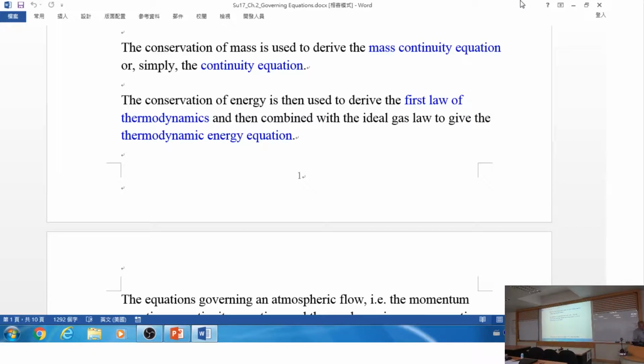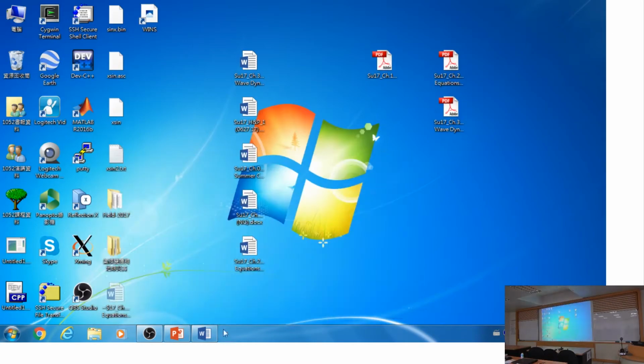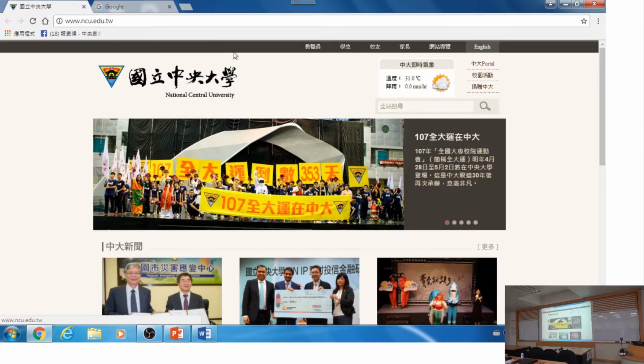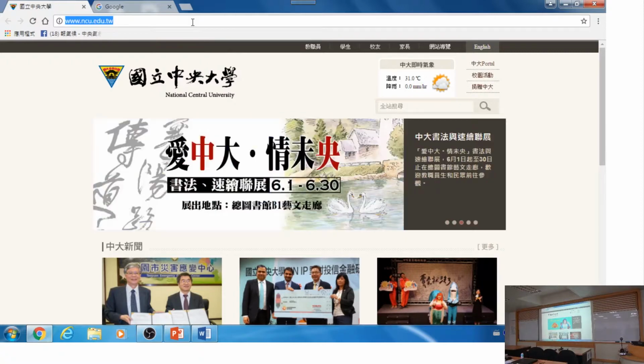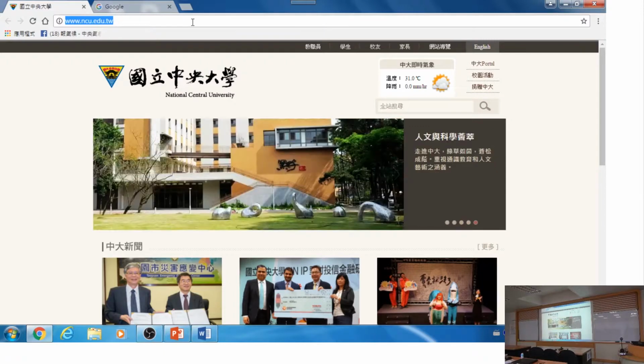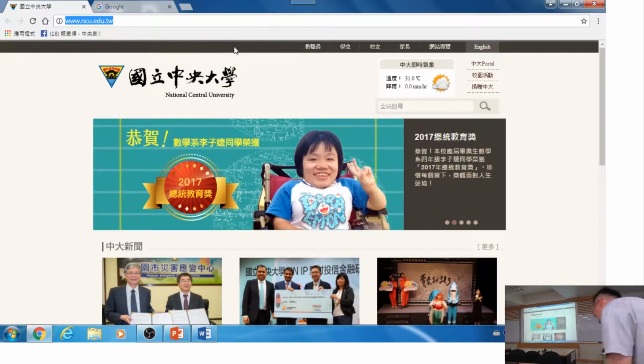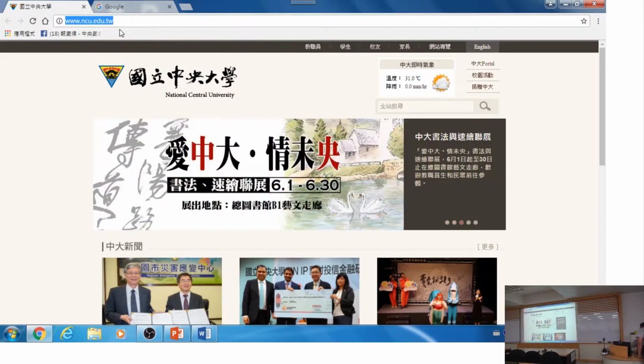Let me show you. If you go to the web and type meso depth, that will be mine.